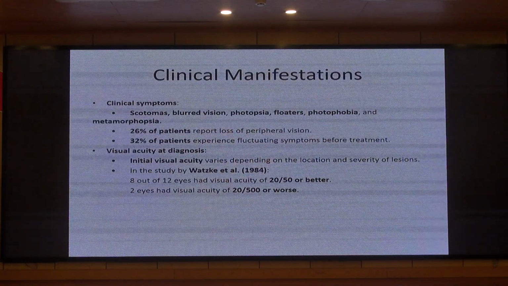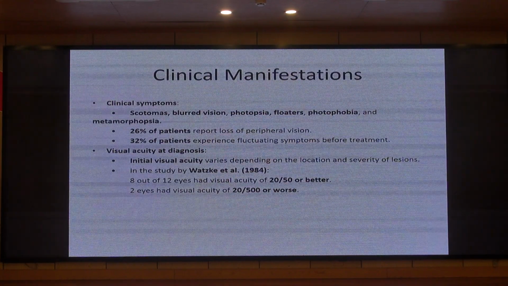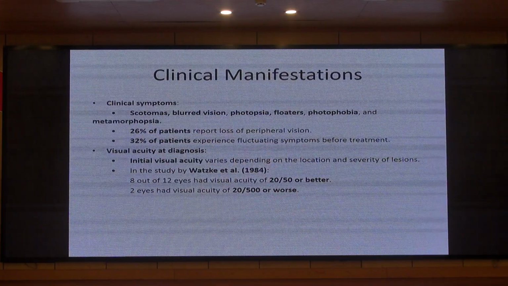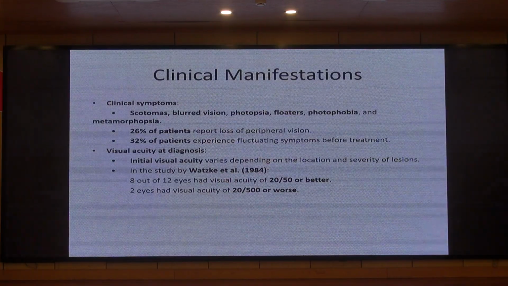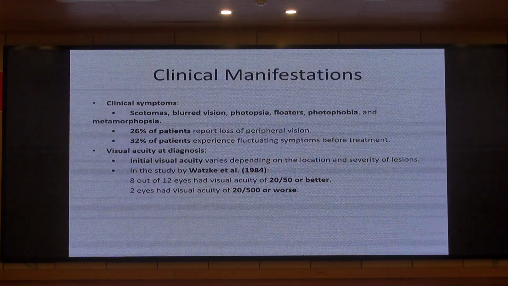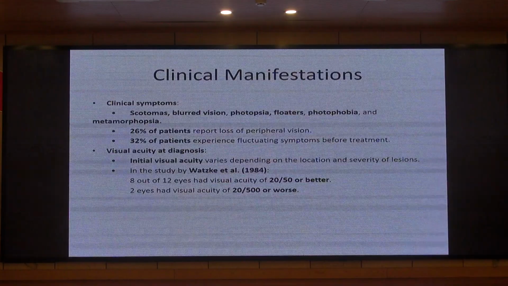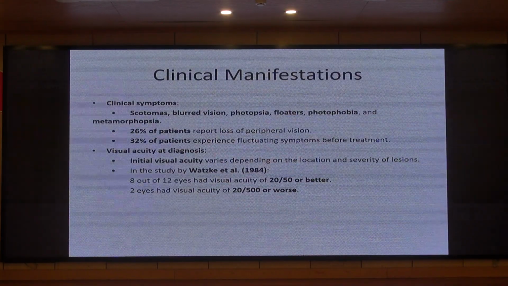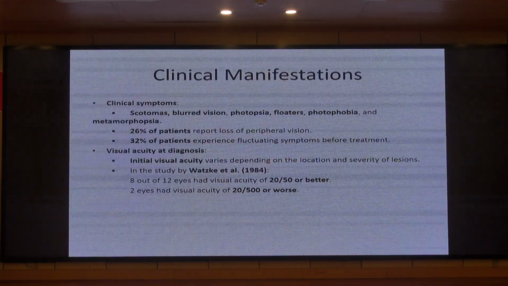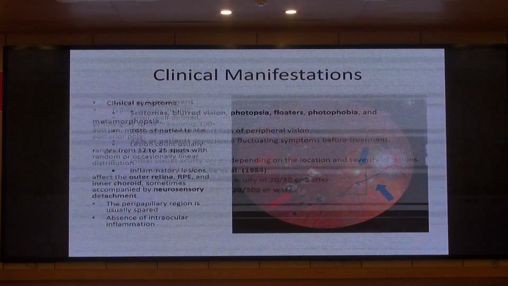Before treatment, initial visual acuity varies depending on the location and severity of lesions. In the study by Watzke et al., 1984, 8 out of 12 eyes had visual acuity of 20/40 or better, and 2 eyes had visual acuity of 20/200 or worse.